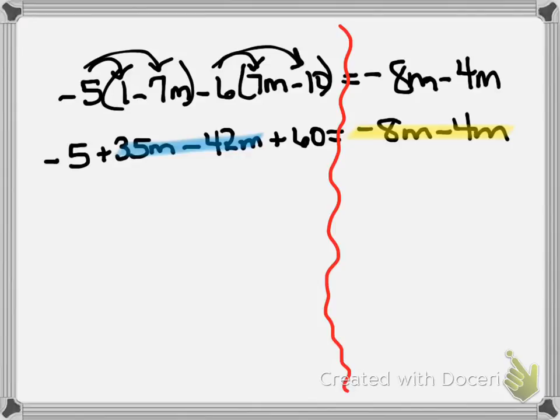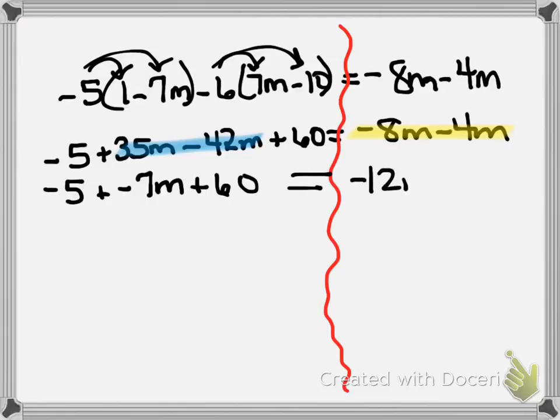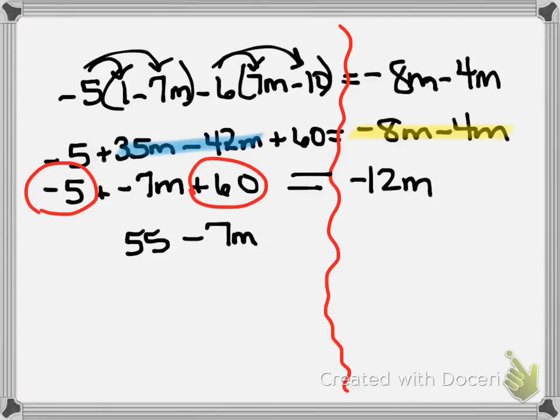So these like terms on the left will turn into a negative 7m, and it's still going to equal whatever's on the right, negative 12m when we combine. Now I have another set of like terms, negative 5 and 60, so I can combine them to give me 55 minus 7m equals negative 12m.